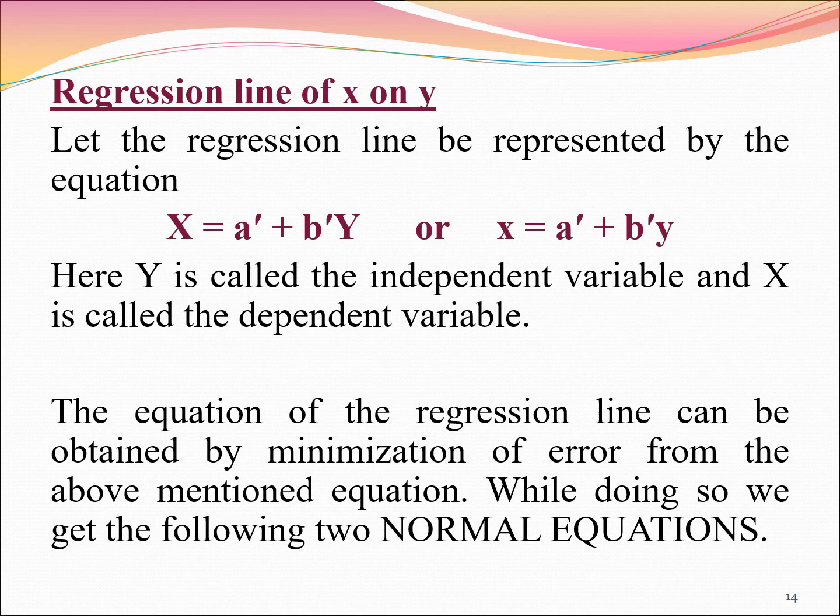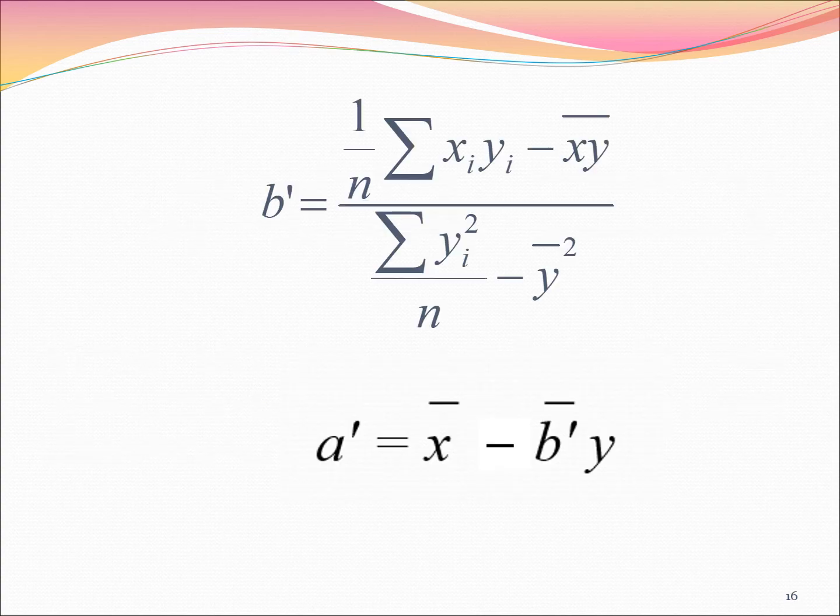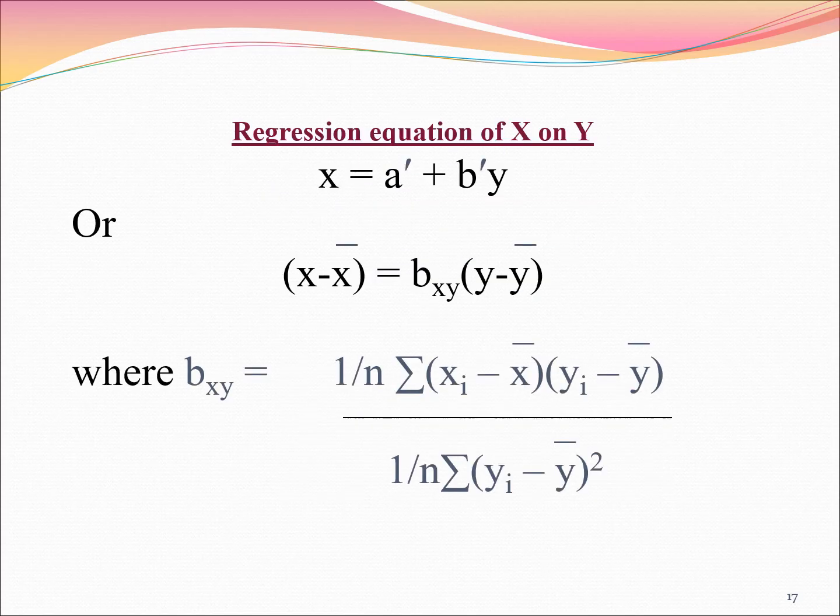By differentiating with respect to a dash and b dash, we get two normal equations, 1 and 2, and these are two equations in two unknowns a dash and b dash, and when we try to solve them simultaneously, we get the estimated values of a dash and b dash, where b dash is also called bxy, the regression coefficient of x on y.